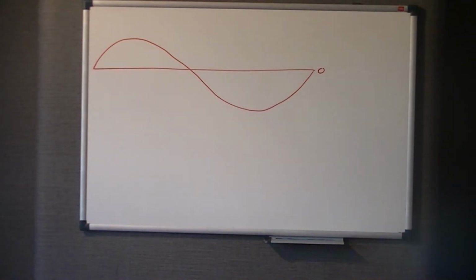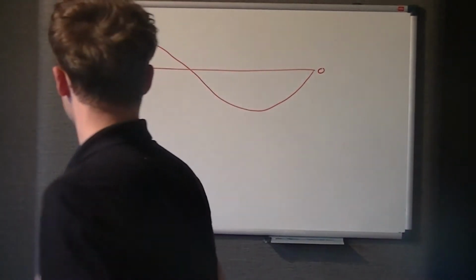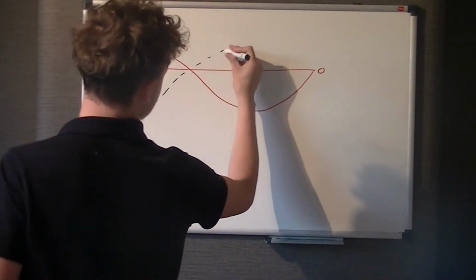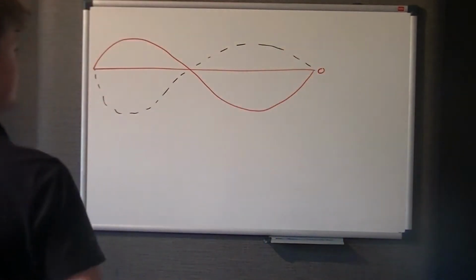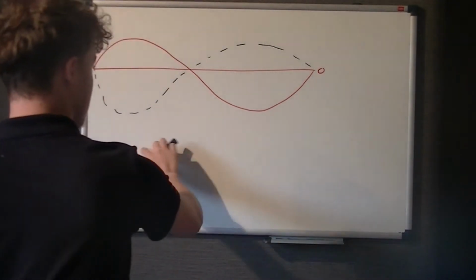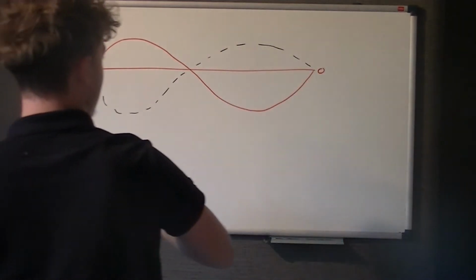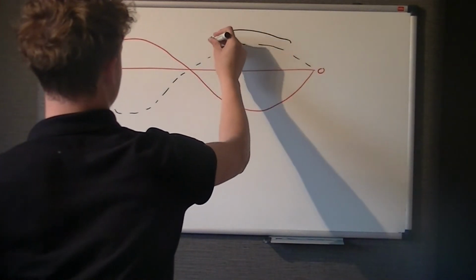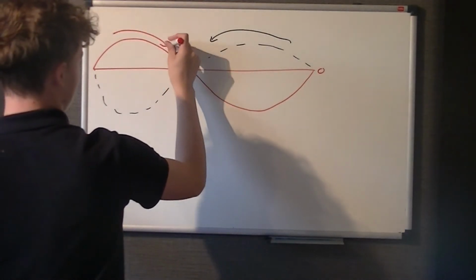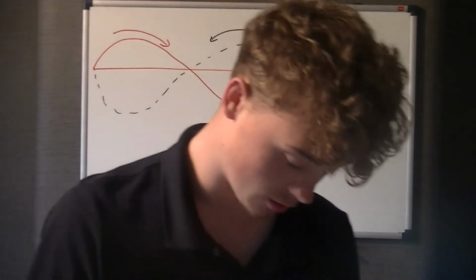And this is the other wave. Same amplitude, and it's 180 degrees out of phase. The black one is going this way, so I put an arrow on it, and the red one is going the other way. For two progressive waves to form nodes and antinodes, they need to be 180 degrees out of phase.